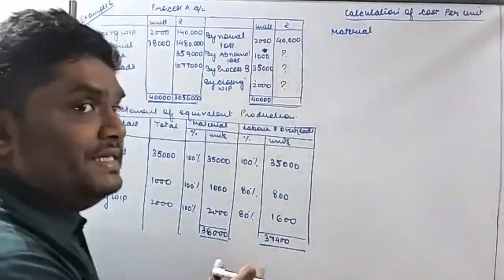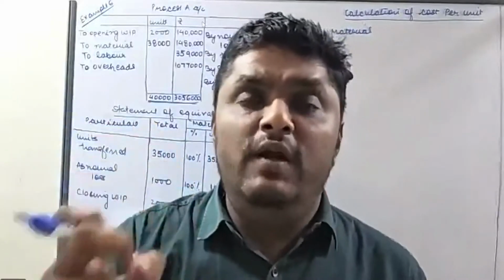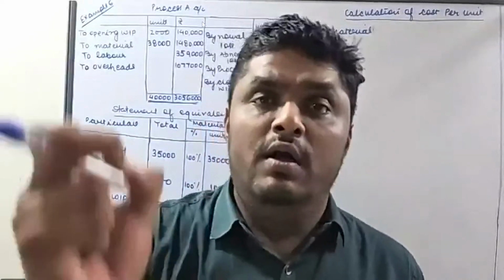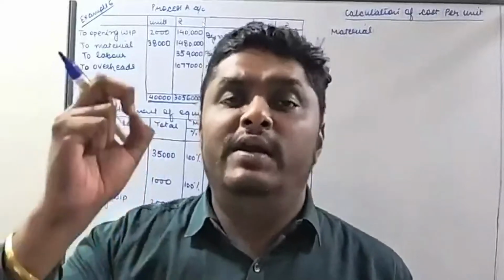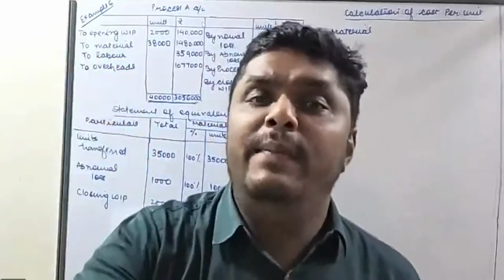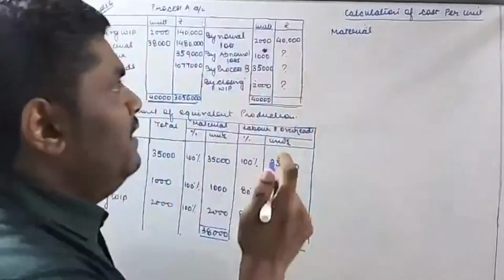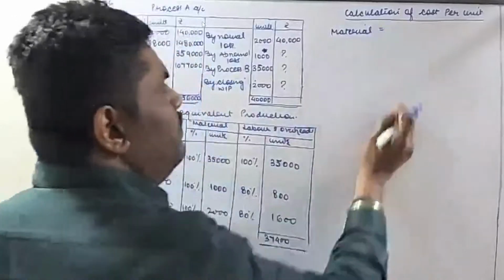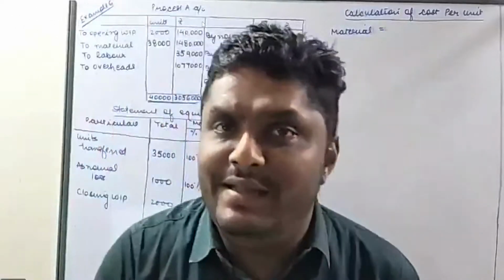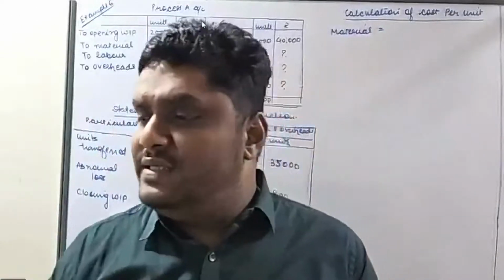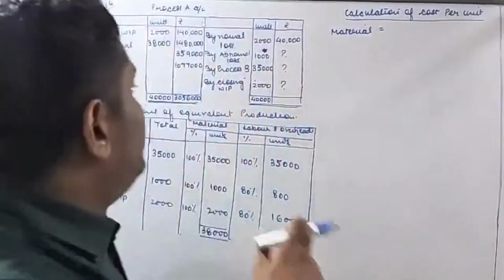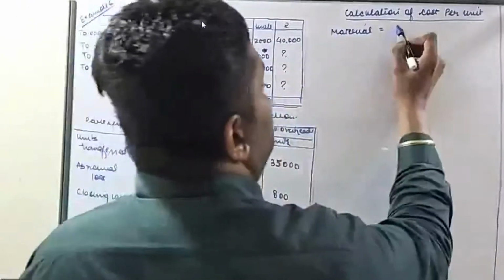As I said, in the weighted average method, the statement of equivalent production represents what? The work that is completed during the current year and in the previous year. So while calculating cost per unit also, we will take the current year cost and the previous year cost.